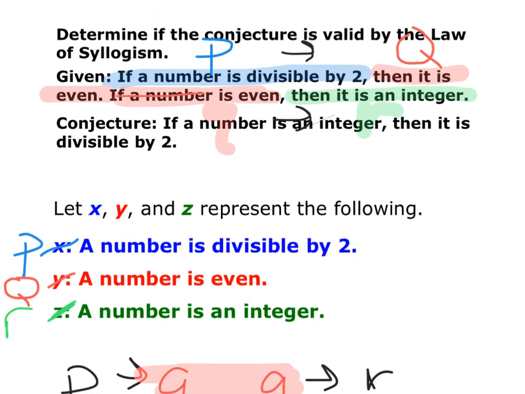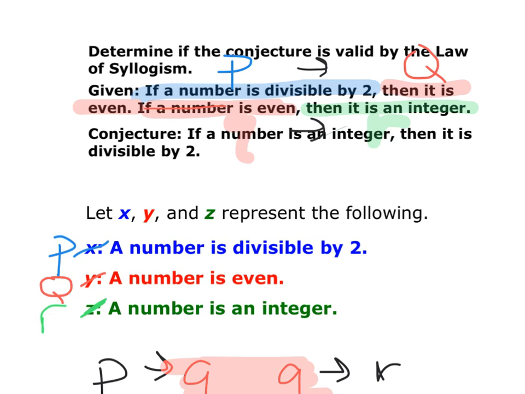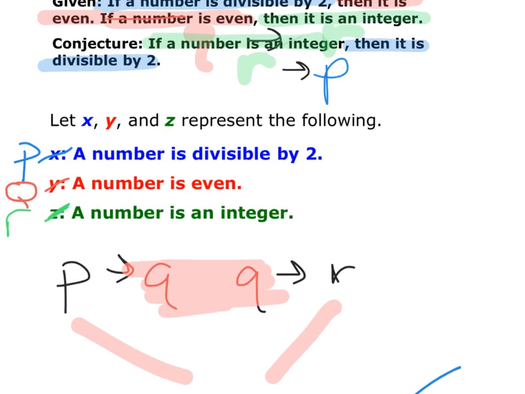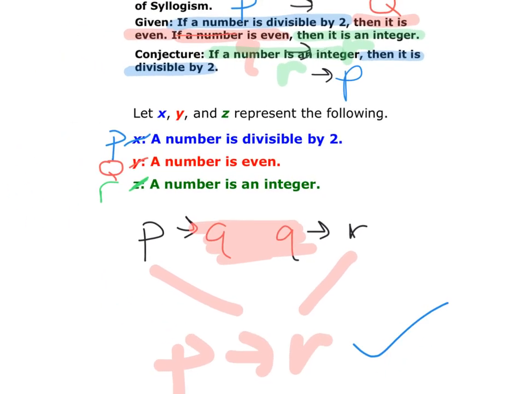Let's look at the conjecture. If a number is an integer, would that be P, Q, or R? R. Then it is divisible by 2. Is that P, Q, or R? P. So we have R, then P. We know that P then R is true, but we don't know anything about R then P, so therefore this would be invalid.